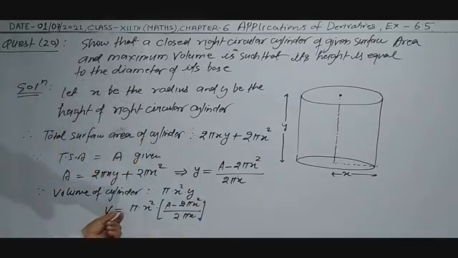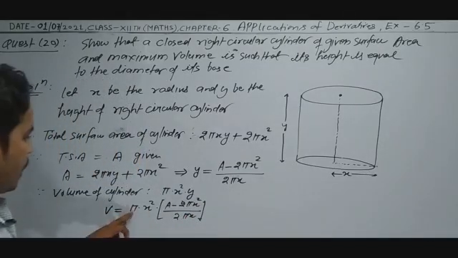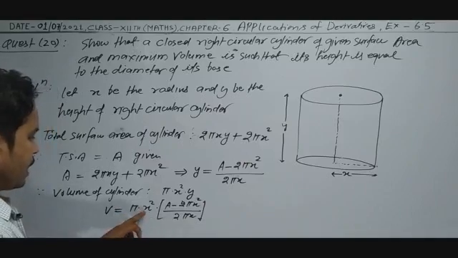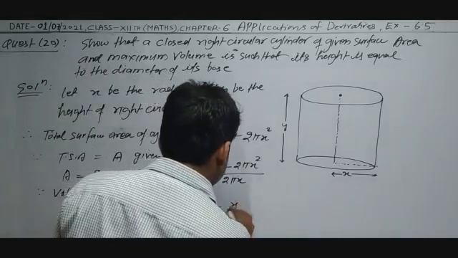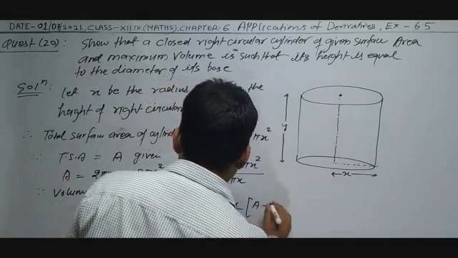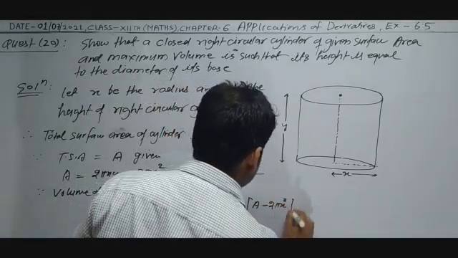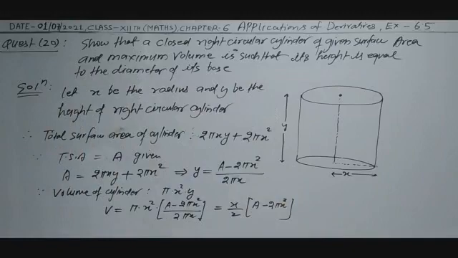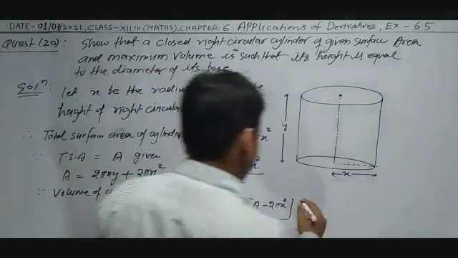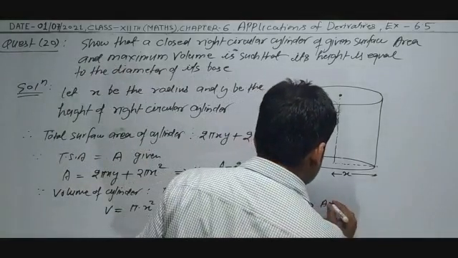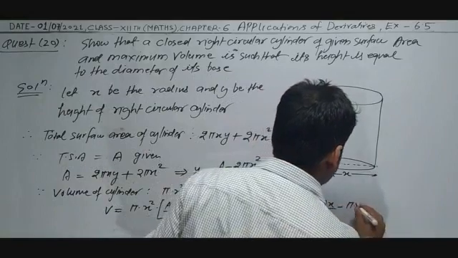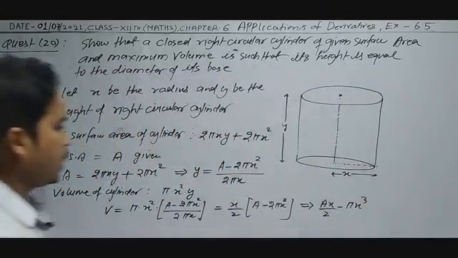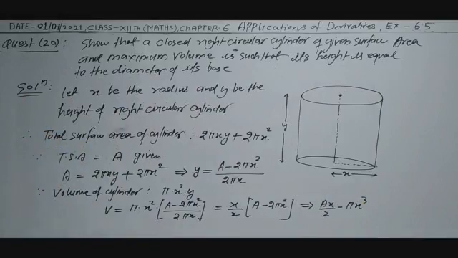When pi x square is multiplied, pi x will cancel out, and the result will be x by 2 times (A minus 2 pi x square). So the calculation will be A x by 2 minus pi x cube. This is the calculation of volume, and then we have to differentiate.